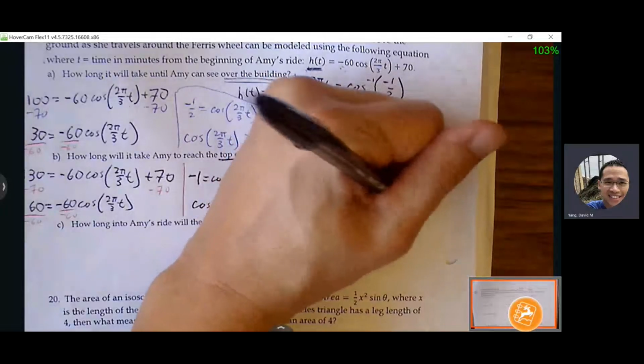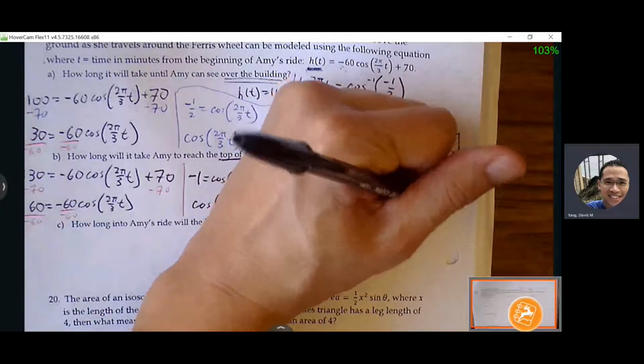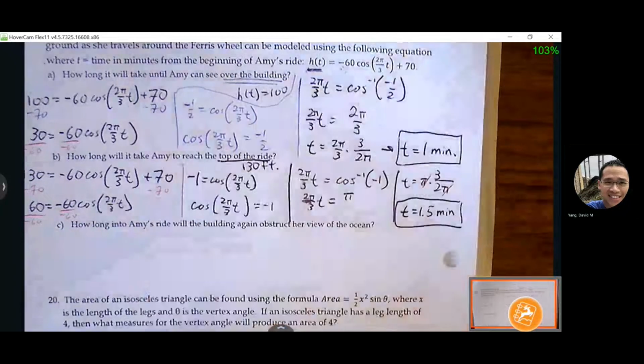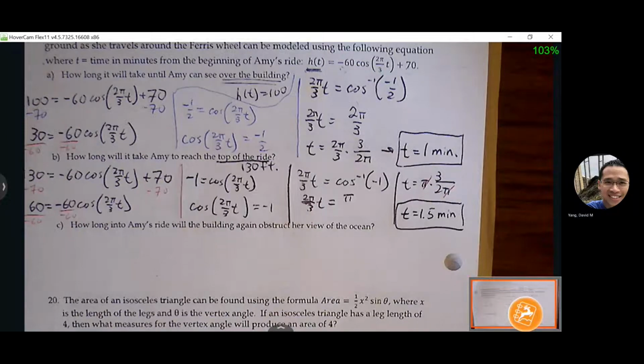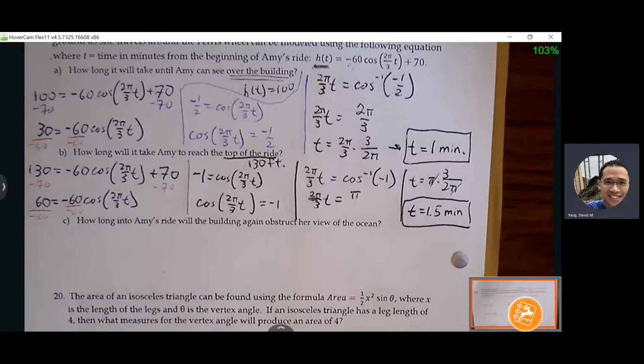So that means 1.5 minutes into the ride, the Ferris wheel is going to be at the very height of its ride, and then after that, it's going to start coming down.